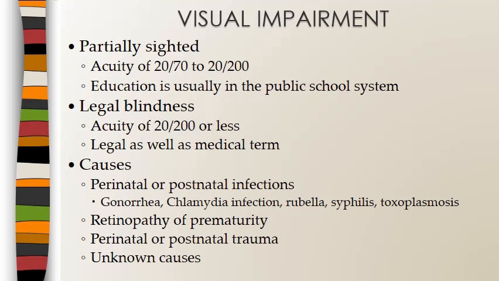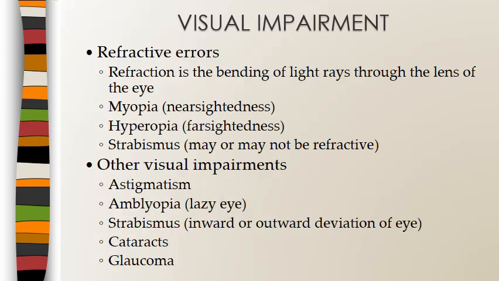Because they're born so early and because of the medication and the oxygen that they receive, their retina does not grow well, and it can actually detach from their eye. Visual impairment can also be due to perinatal or postnatal trauma. And there are plenty of children who have visual impairment where we have no idea why it has happened.